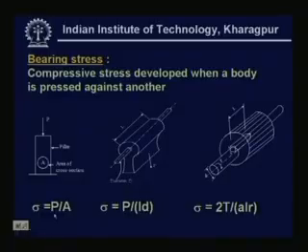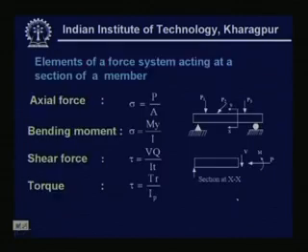So, this is one kind of stress we have seen, called bearing stress, which purely comes due to the contact between 2 machine elements. The forces we have seen earlier are the forces acting onto the machine elements, creating all types of stresses. What has been given here are all the internal stresses basically.